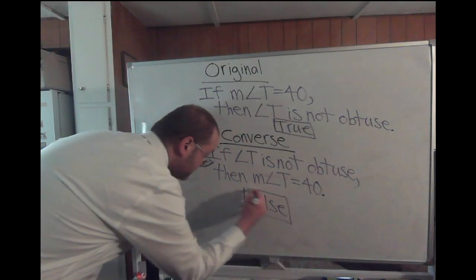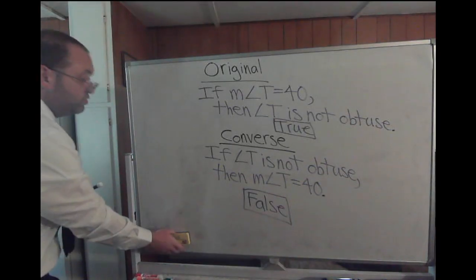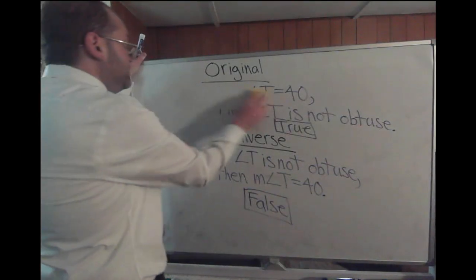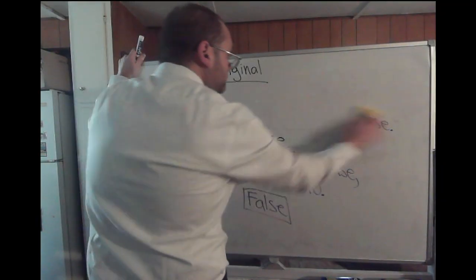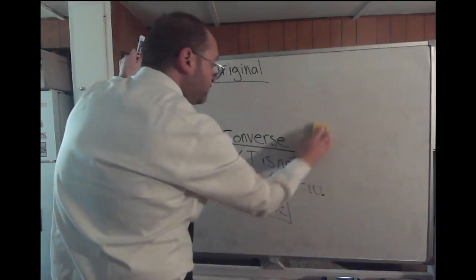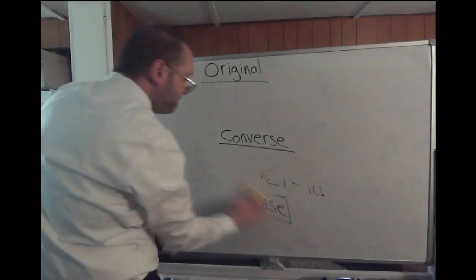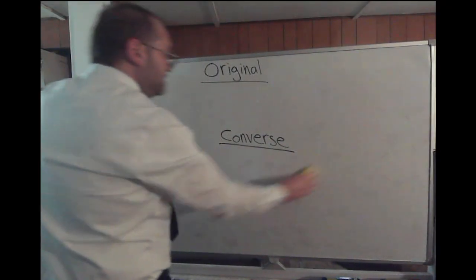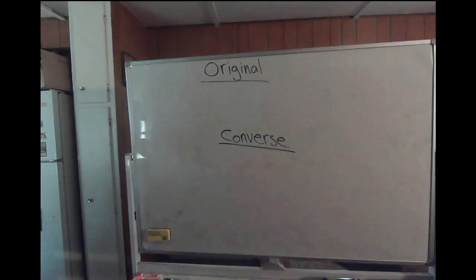The converse is false, the original is true, therefore we have no biconditional. We can't form a biconditional out of this. So these really get you to think logically about stuff.